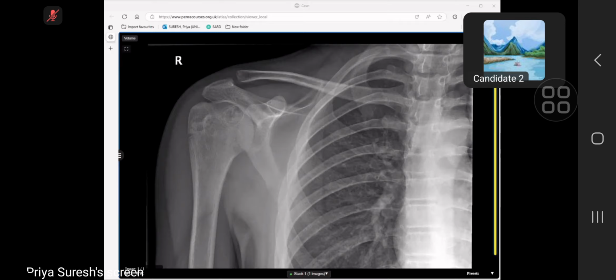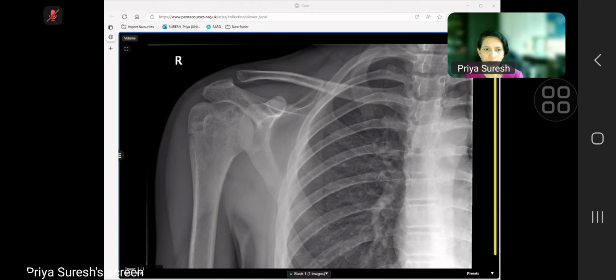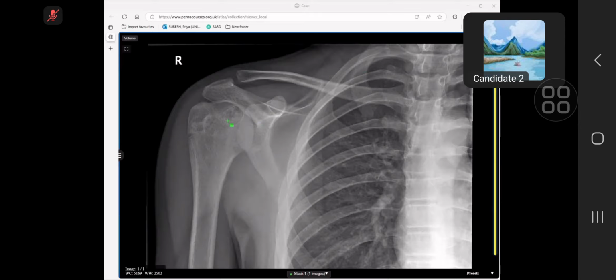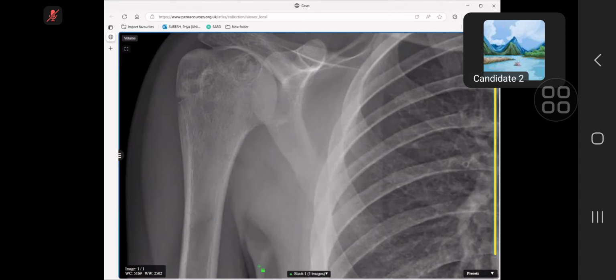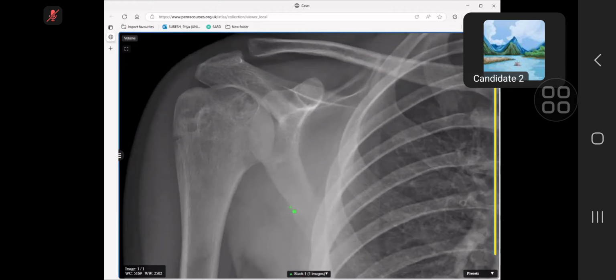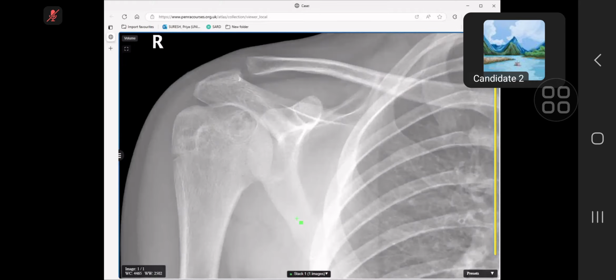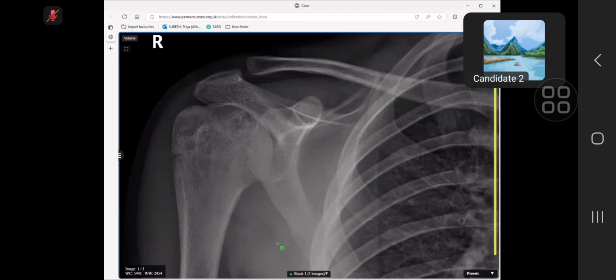There is some periosteal reaction seen along both cortices. Ma'am, can you please change the window a little bit? I suspect there is some periosteal reaction along the medial side, yes.